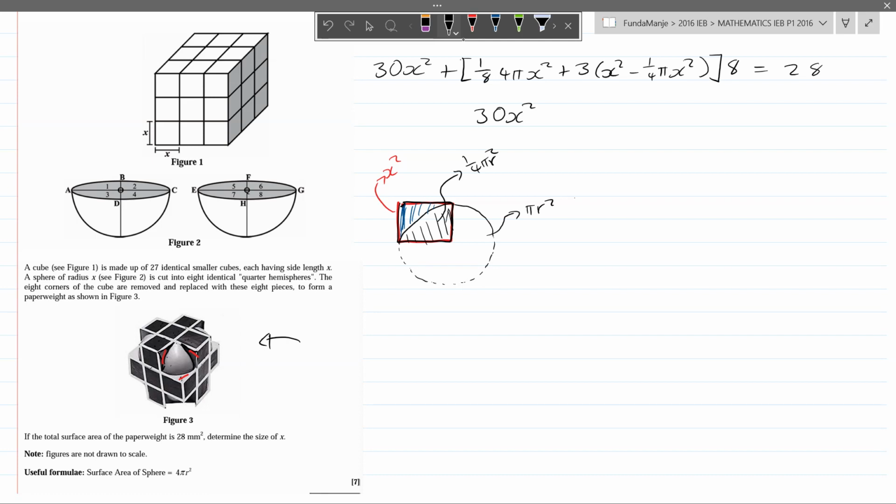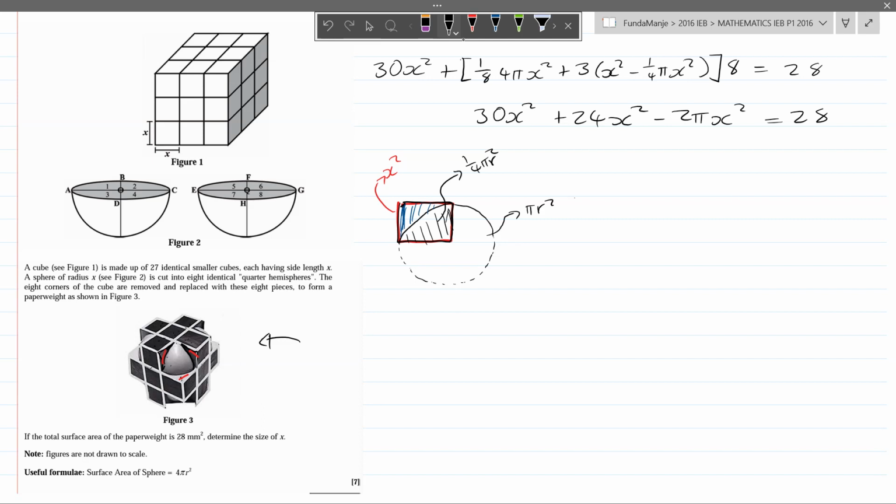If you combine all of these, you're going to get 30x squared plus 24x squared minus 2 pi x squared, and this will give us 28.